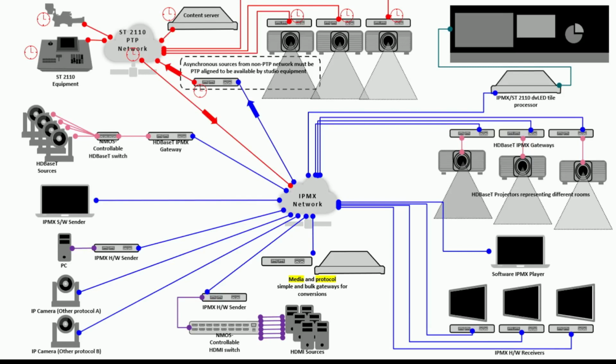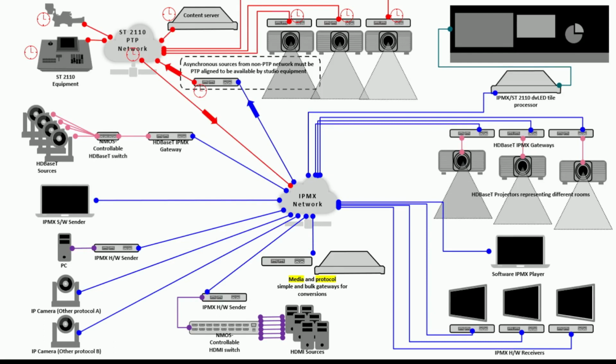Putting IPMX in the middle allows you to do a great many things now. You can start with an HDBaseT source, go to an IPMX network, and output to an NDI player. Or you could start from a 2110 network with the output of a live production switcher and distribute that throughout your IPMX network as well.